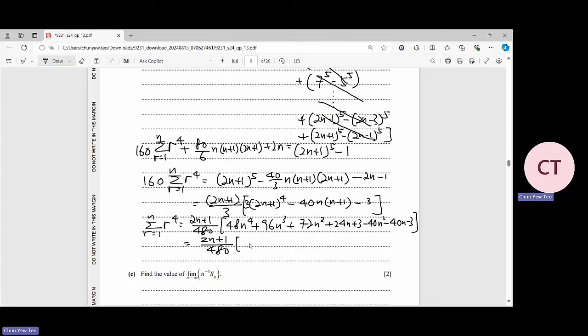Then you get this one as the 48n power 4 plus the 96n cube plus the 32n square minus the 16n. So now we actually can just factorize the 16 out, then you get this.